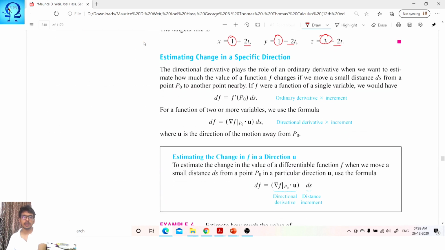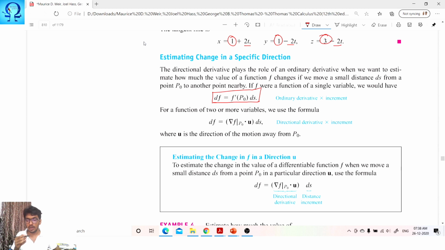So the next topic is estimating change in a specific direction. In the one variable case, df is going to be f prime at p naught times ds. Here the role of the ordinary derivative is replaced by the directional derivative in the more than one variable case.